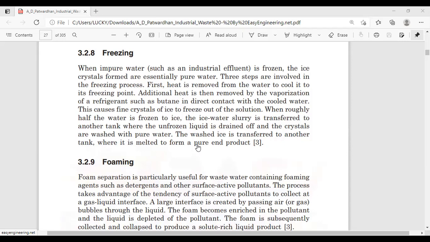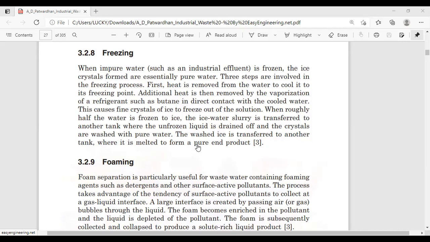First, heat is removed from the water to cool it to its freezing point. Additional heat is then removed by the vaporization of a refrigerant, such as butane, in direct contact with the cooled water. This causes fine crystals of ice to freeze out of the solution.